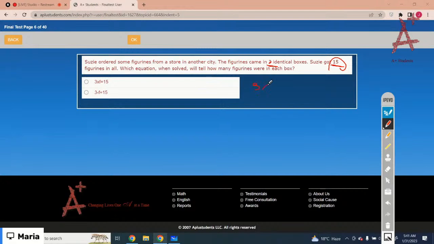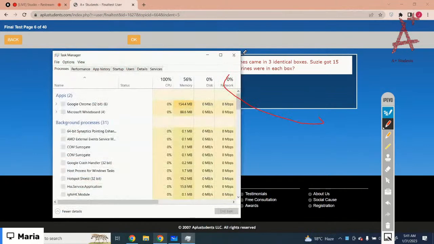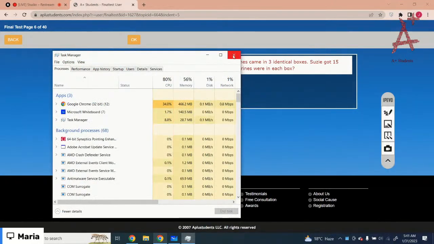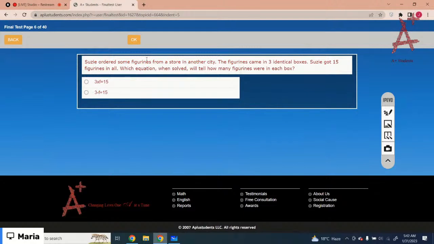That would be 3 times F equals 15. That would be option number 1. The correct option is option number 1: 3 times F equals 15.